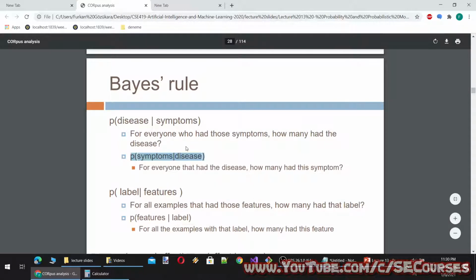P(symptoms|disease): for everyone that had the disease, how many had this symptom? You see, the right side means that it has happened, and therefore the probability of the left side. This is what it means.